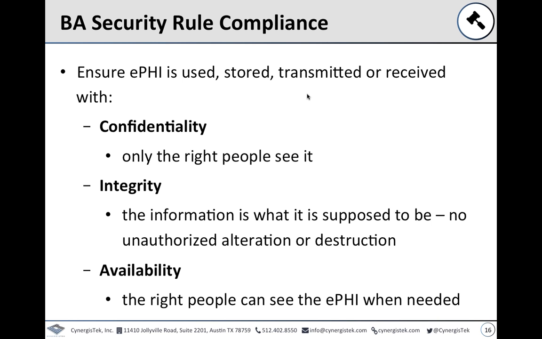In addition, the business associate is required to fulfill their requirements under the security rule, which can be seen as having three large components of assuring confidentiality, integrity, and availability of electronic protected health information.